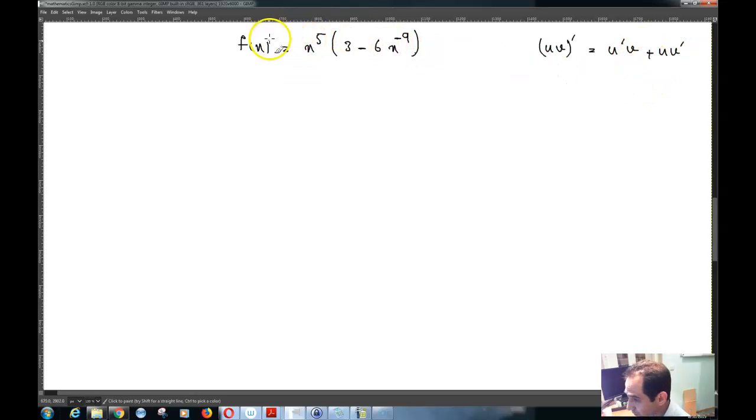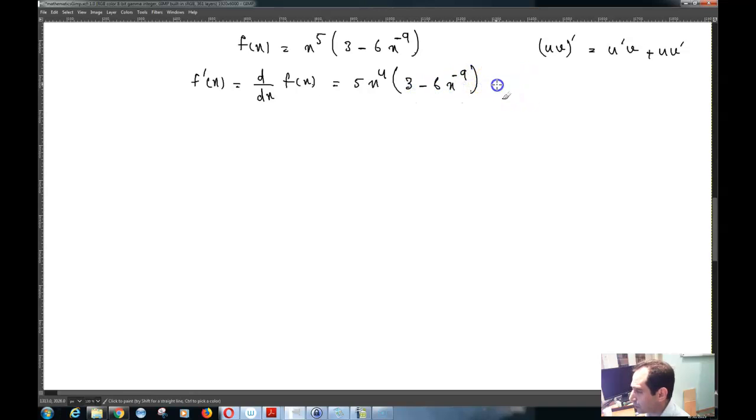And so, for example, f prime of x, which is d by dx of f of x, is equal to basically 5x raised to the power 4 times 3 minus 6x raised to the power -9, plus x raised to the power 5 times the differentiation of this function, which is negative 3 minus 6x raised to the power -9.